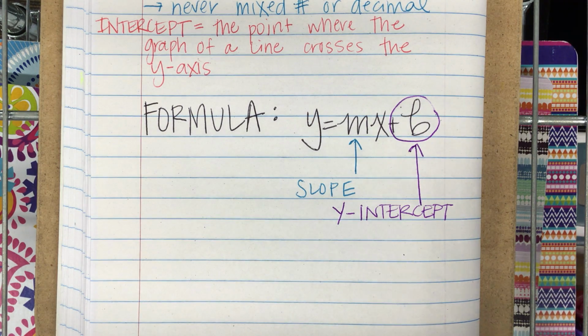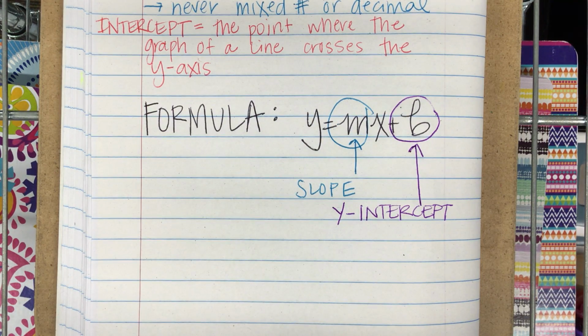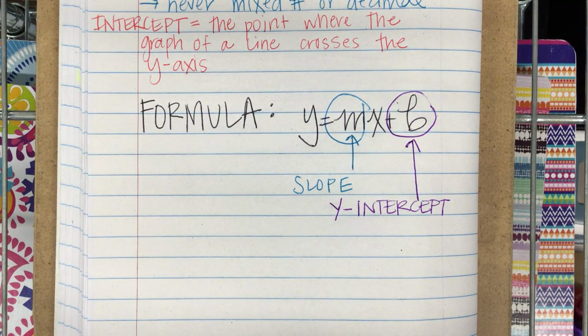Y and x mean that you're graphing it. Those are your ordered pairs.